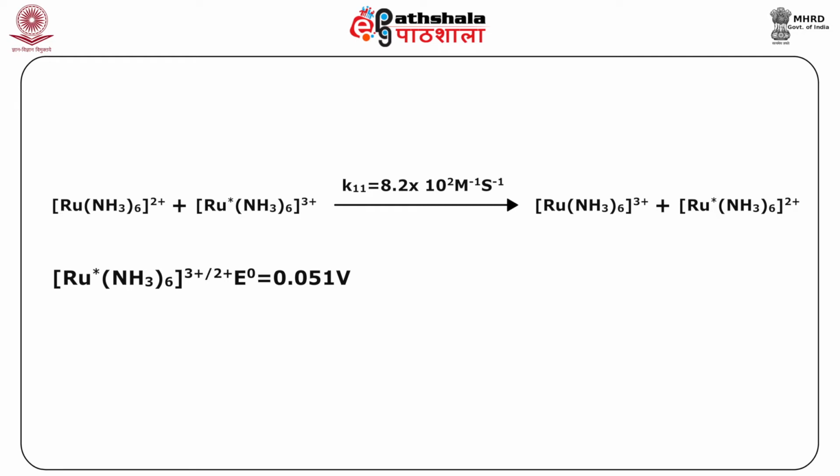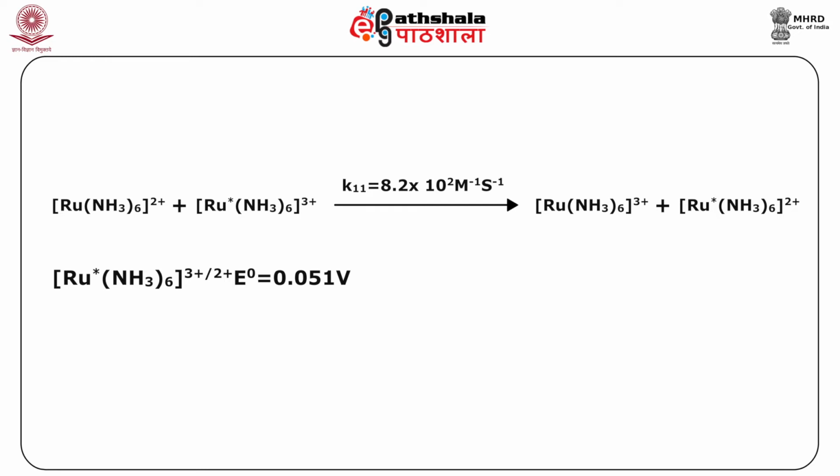When the electron transfer proceeds, it forms Ru(NH3)6 3+ and Ru*(NH3)6 2+. In this case the rate of reaction has been found to be 8.2 times 10 to the power 2 mole inverse second inverse.